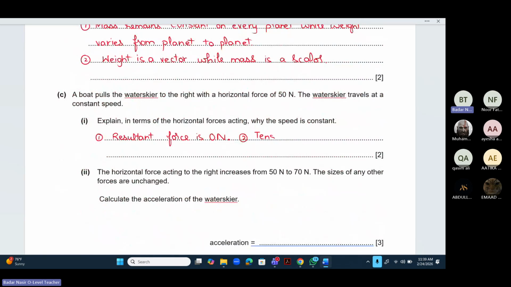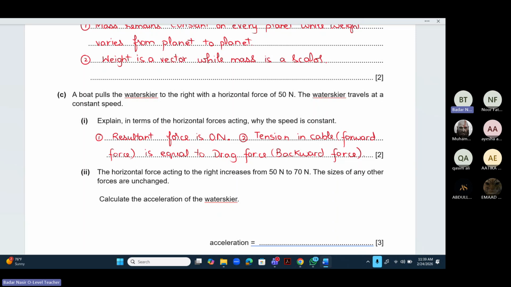So tension in cable, in brackets I am writing forward force, is equal to drag force. Drag force is a resistive force which is present in liquids. So it is equal to drag force acting in the backward direction. When they both are equal, the object will travel at a constant speed.